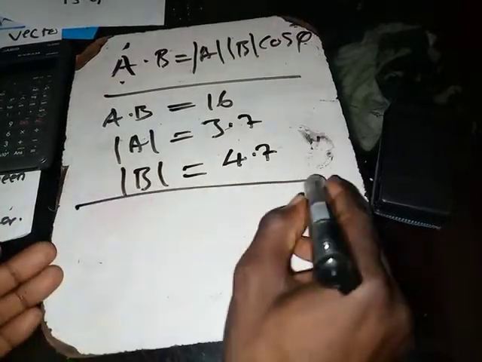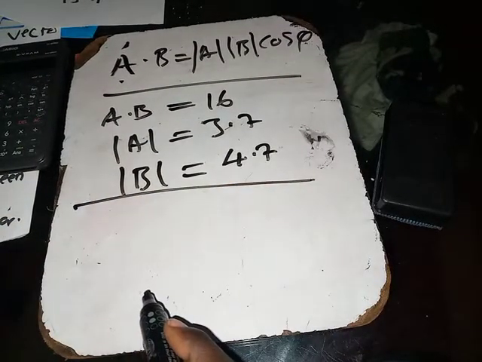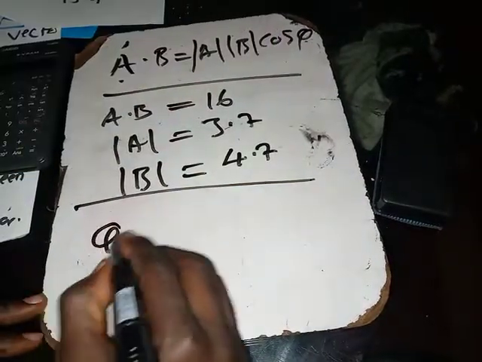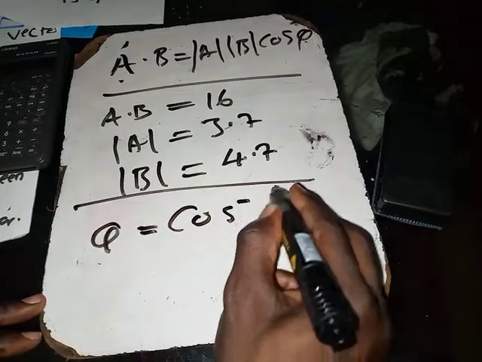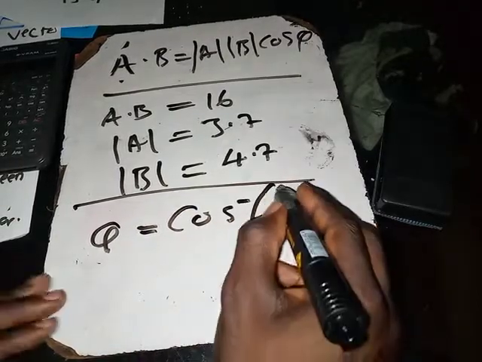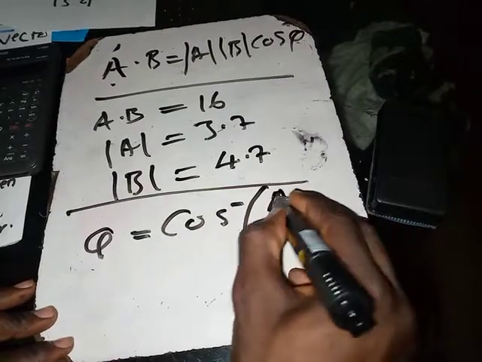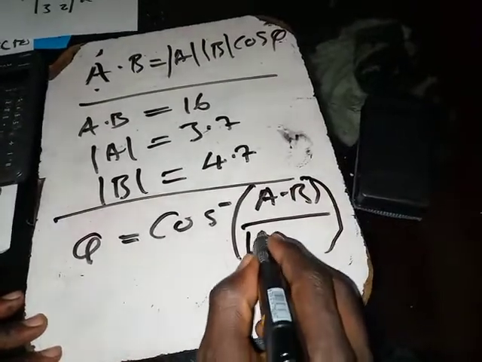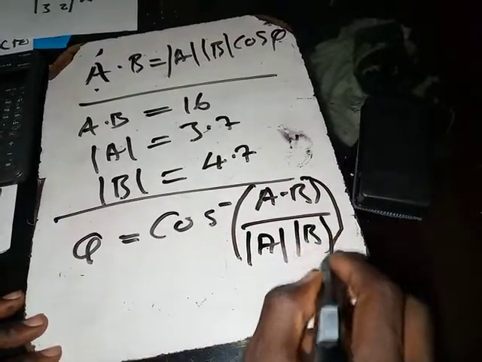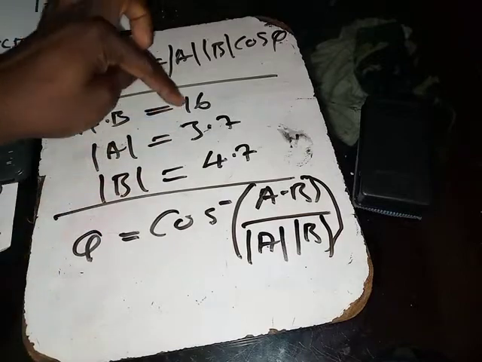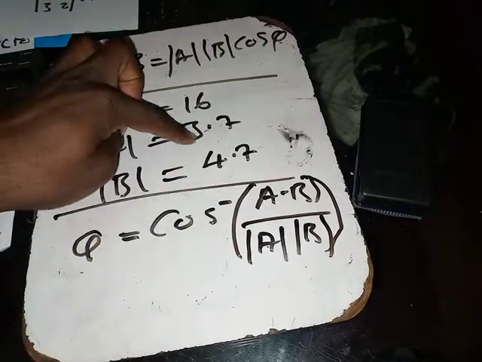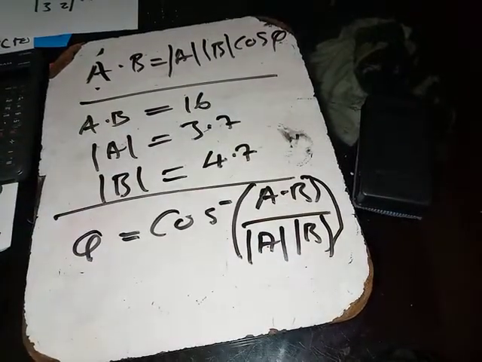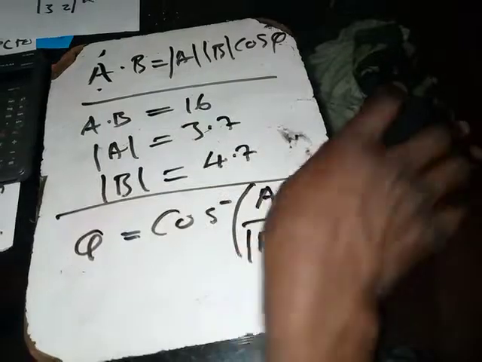Simple stuff. Remember the formula that we made: after making theta the subject of the formula, theta was equal to cos inverse of A dot B over the magnitude of A times the magnitude of B. So it becomes easy. Just plug in 16 here, 3.7 here, 4.7 here, then you punch in your calculator. As simple as that. So let's do that.